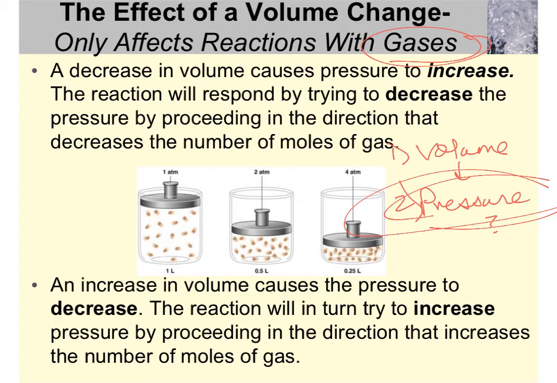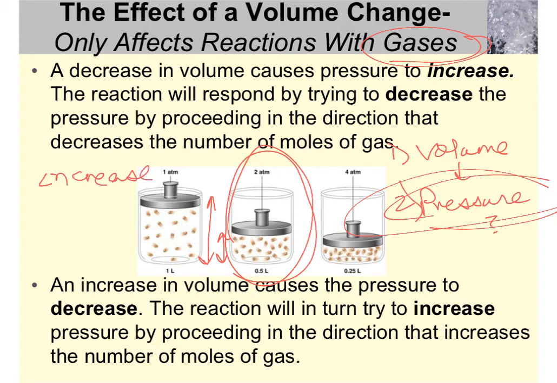So let me remind you what happens. Let's say we're starting at this volume, and we increase the volume, so we go to the left here. If you increase the volume, what happens to pressure? They're inversely related. When you increase volume, pressure decreases, because the gas molecules have more room.